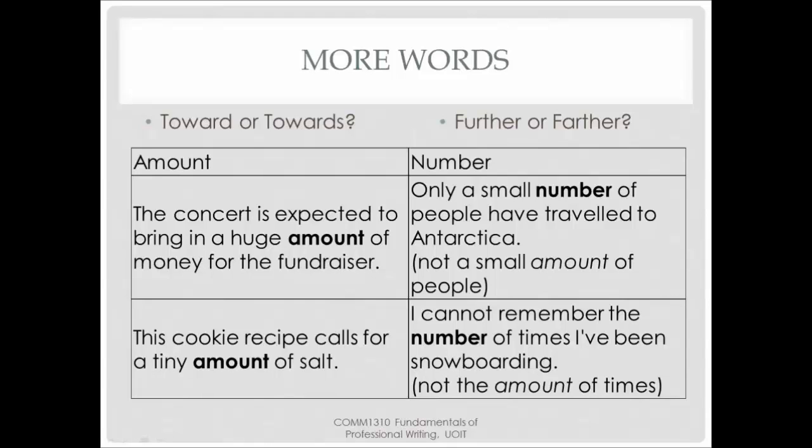The concert is expected to bring in a huge amount of money for the fundraiser. Only a small number of people have traveled to Antarctica, not a small amount of people. This cookie recipe calls for a tiny amount of salt. And finally, I cannot remember the number of times I have been snowboarding, not the amount of times.